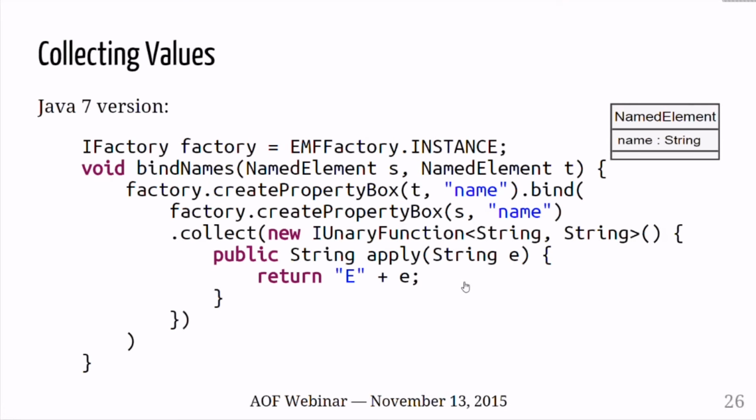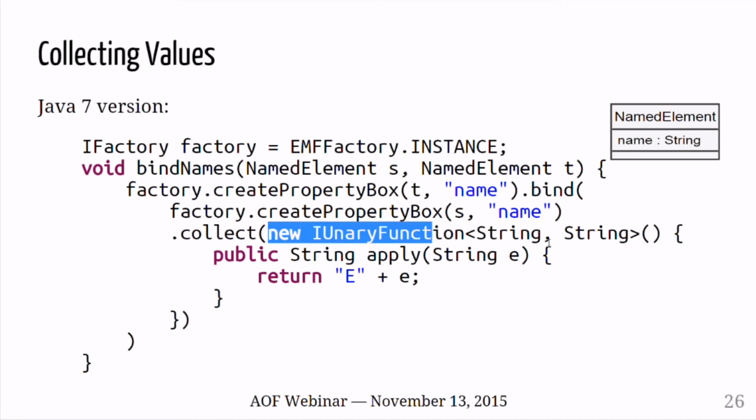So the next step is to look at how we can collect values. In this example, we still use the named element metaclass, except that this time we decide to prepend an E, a capital E, to every string, because this seems to be something that EMF likes.